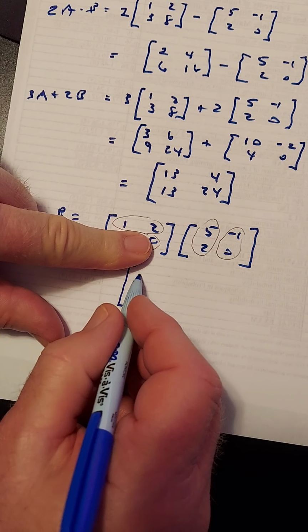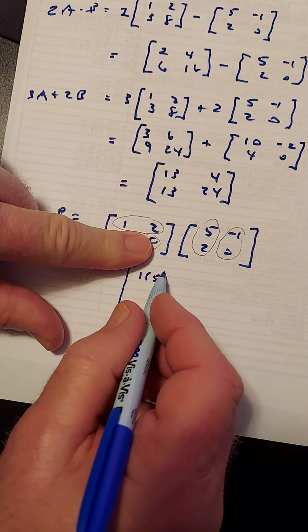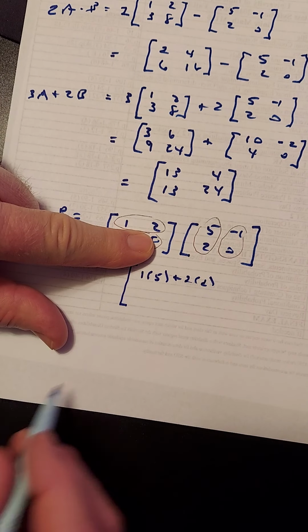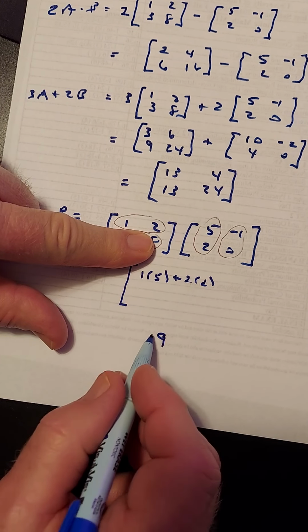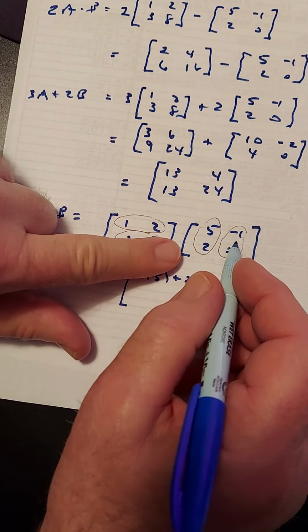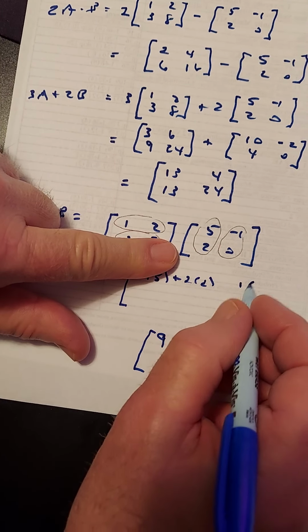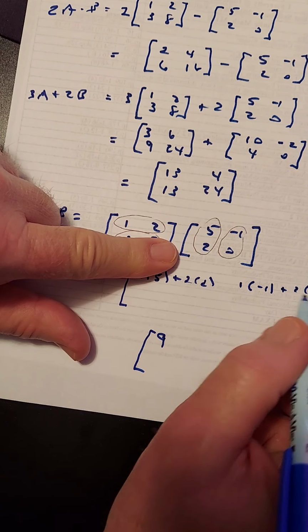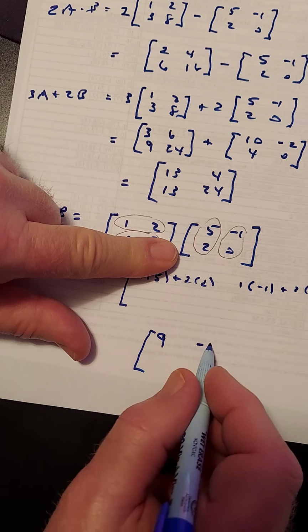First row, first column, so 1 times 5 plus 2 times 2. 5 plus 4, my first number is going to be a 9. First row, second column, 1 times negative 1 and 2 times 0. So it'll be negative 1 and 0 is negative 1.